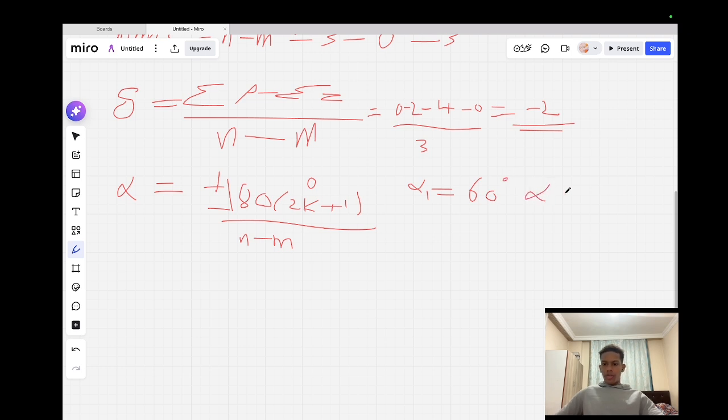Alpha 2 is minus 60, and alpha 3, here if k equals 1, 3 with 3 is equal to 180.